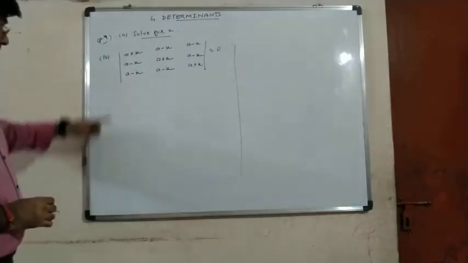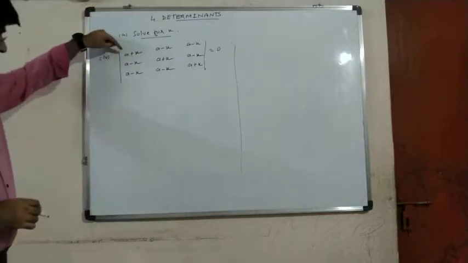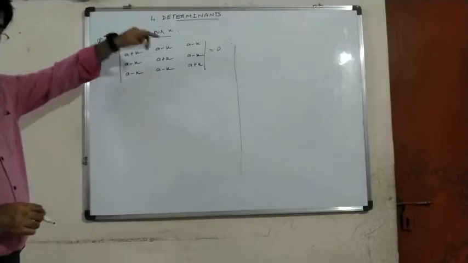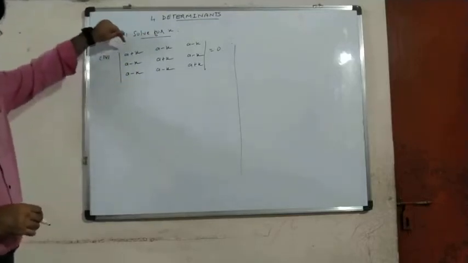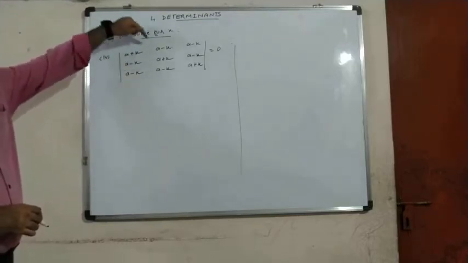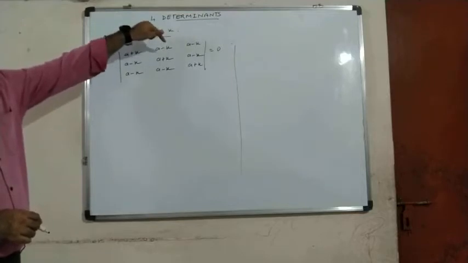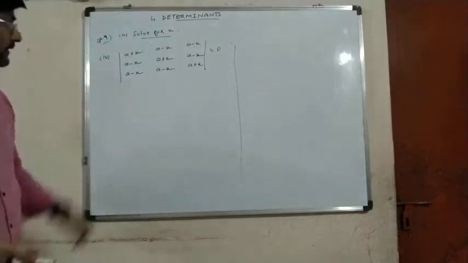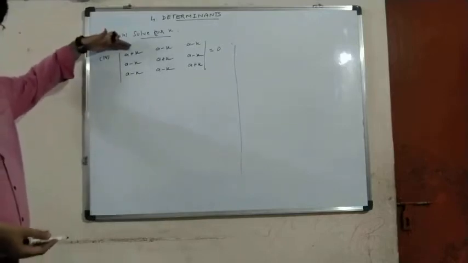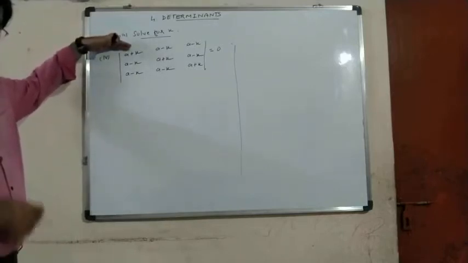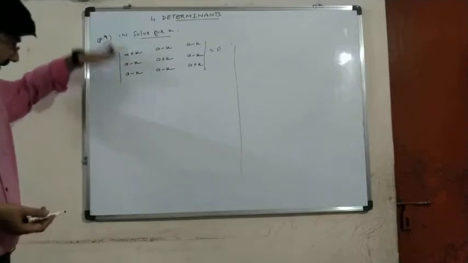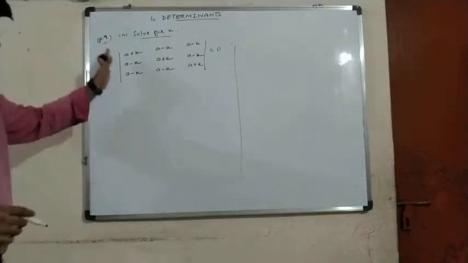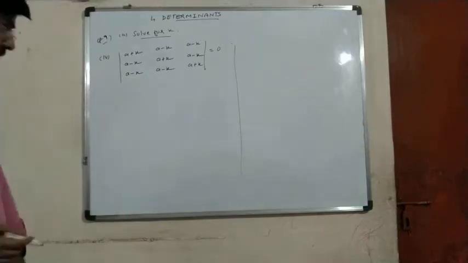Okay, now it's very clear that if you add all the three columns on any one column, on C1, C2 or C3, or even on R1 plus R2 plus R3, in any way you can add the three columns or rows, you will get the same element in a particular row or column.